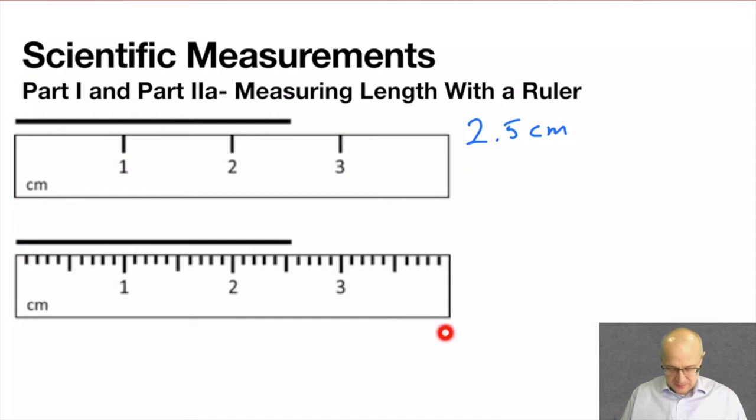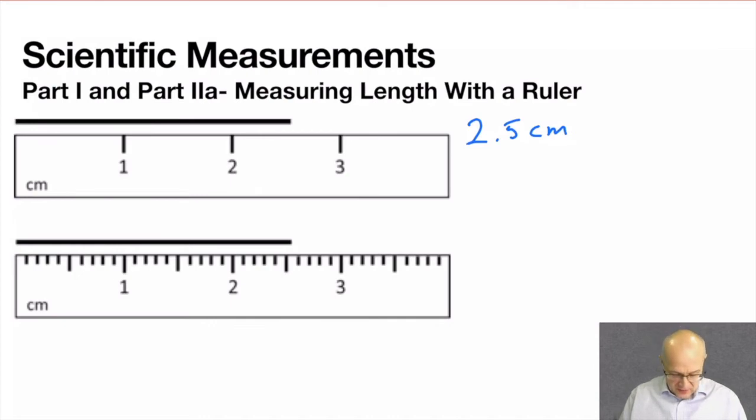Now this one here has a lot more graduations, has a lot more going on. So we're going to be a little bit more careful here. Every one of these large graduations is 1 centimeter. Every one of these small graduations or tick marks is 0.1 centimeters. So this device can measure with a little bit more precision, more decimal points, if you will.